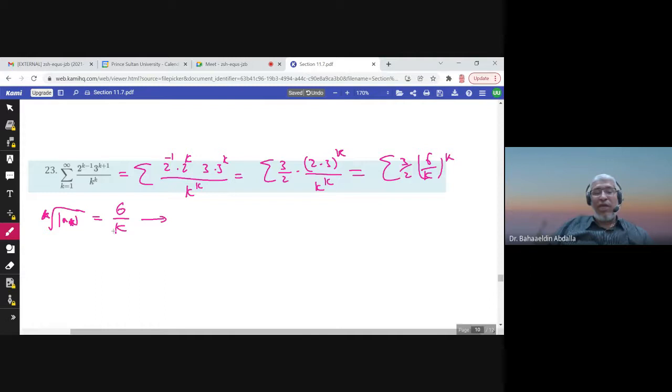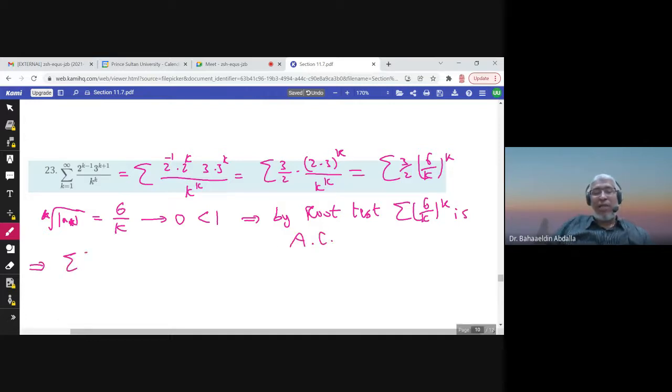And when limit k goes to infinity, it would be 6 over infinity, which is 0. And this is less than 1. So by root test, summation 6 over k to the power k is absolutely convergent.